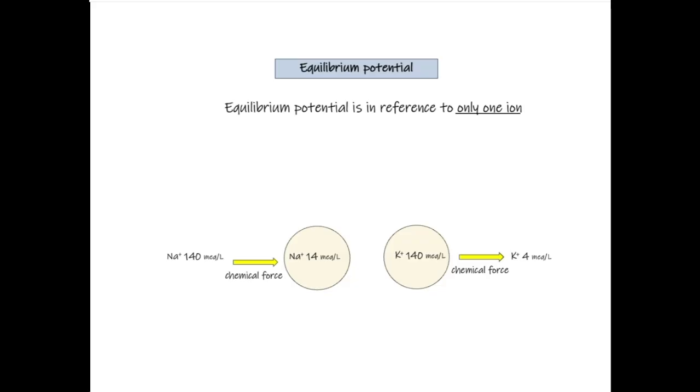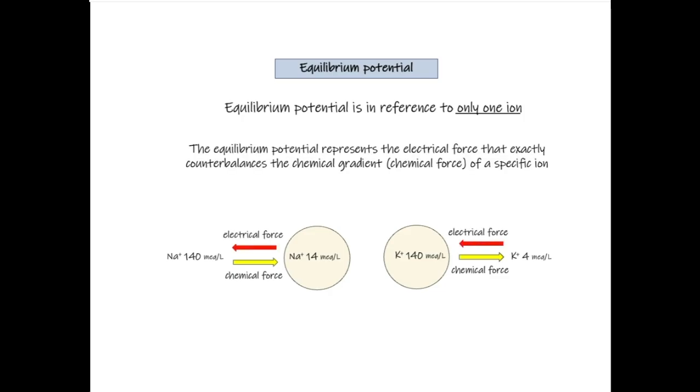The equilibrium potential represents the electrical force that exactly counterbalances the chemical force or chemical gradient of a specific ion. Another way to say this is that the equilibrium potential is the membrane voltage at which that particular ion has no net electrochemical driving force. For sodium, we said it was positive 60 millivolts, and for potassium, it's negative 92.6 millivolts.